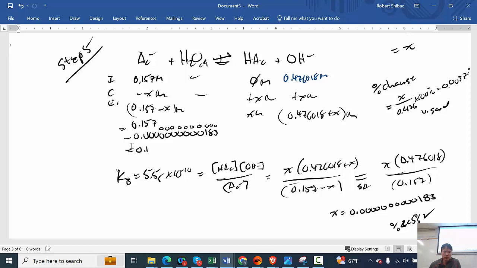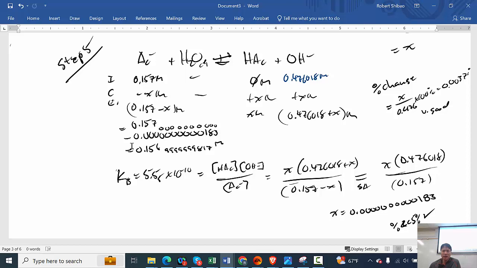This is going to come out to 0.1569. How many nines? 1, 2, 3, 4, 5, 6, 7 nines and then an 8, 1, 7. So barely any change. I mean, this is going to be 0.157 basically.